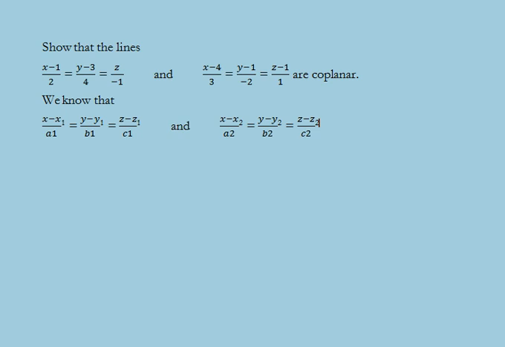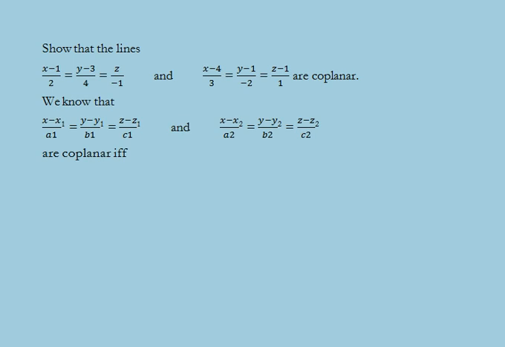Now, as already discussed, the lines with the equation x minus x1 divided by a1 equal to y minus y1 divided by b1 equal to z minus z1 divided by c1, and the second line x minus x2 divided by a2 equal to y minus y2 divided by b2 equal to z minus z2 divided by c2 are coplanar if and only if the determinant whose first row consists of x2 minus x1, y2 minus y1, z2 minus z1, second row a1, b1, c1, and third row a2, b2, c2 has value equal to 0.